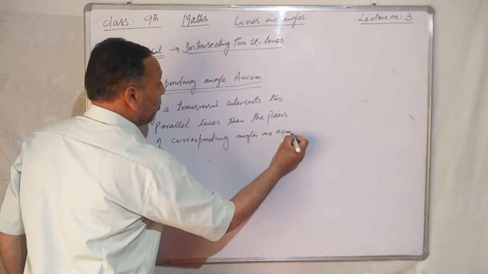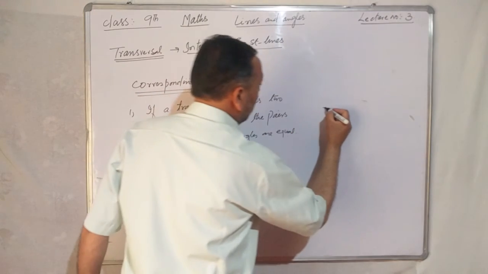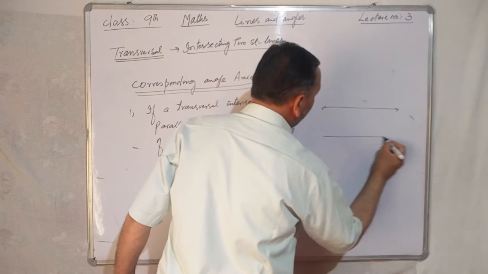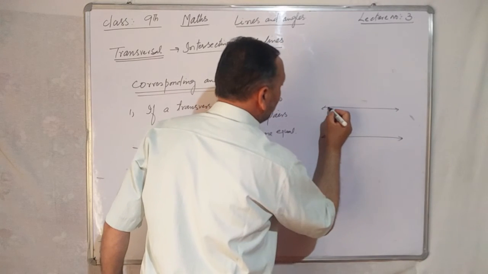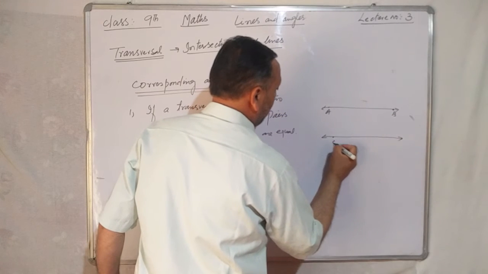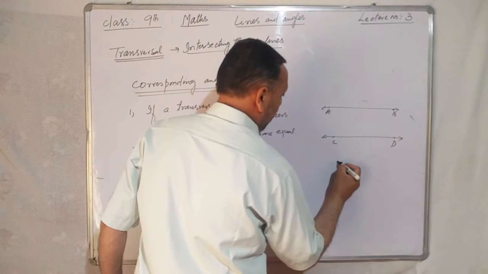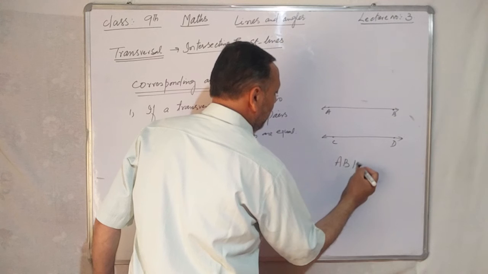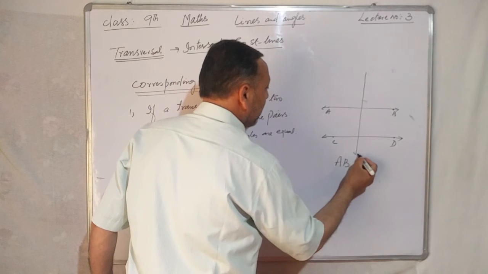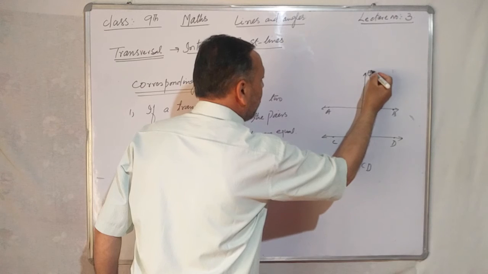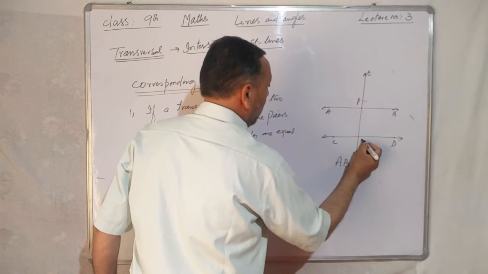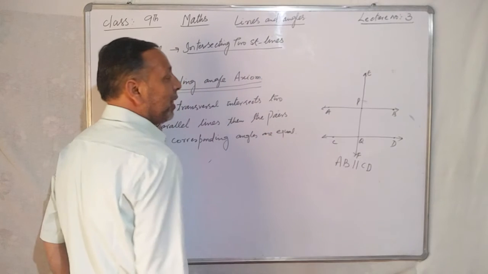That means if we have two parallel lines AB parallel to CD and a transversal EF intersects them at P and Q, then pairs of corresponding angles are equal.